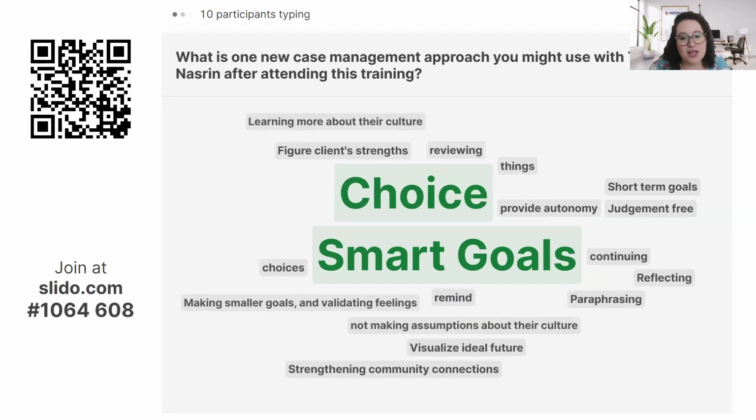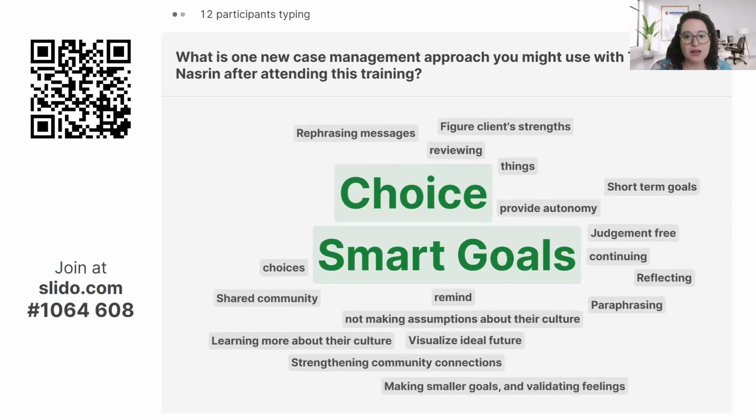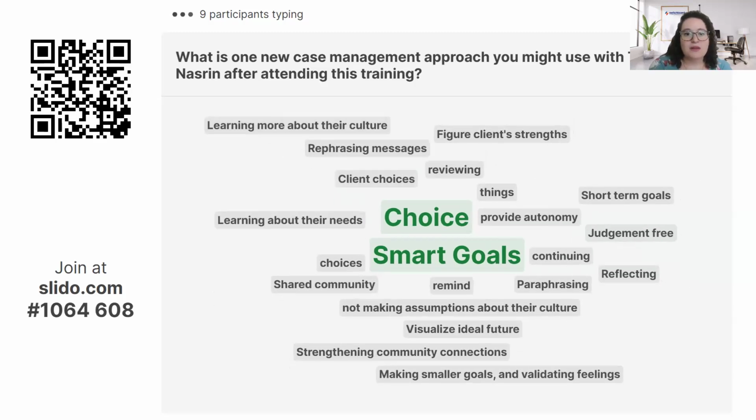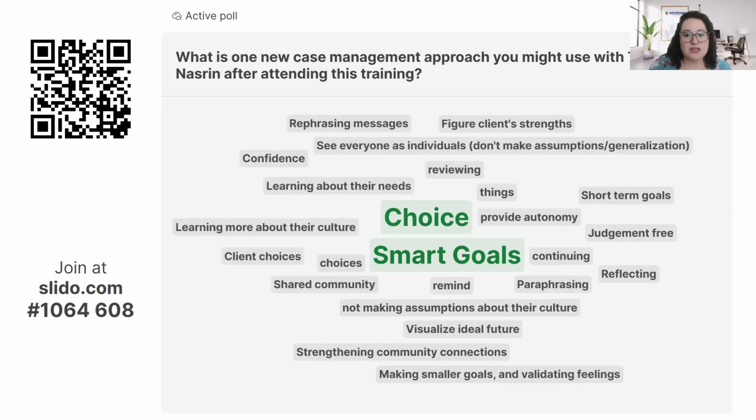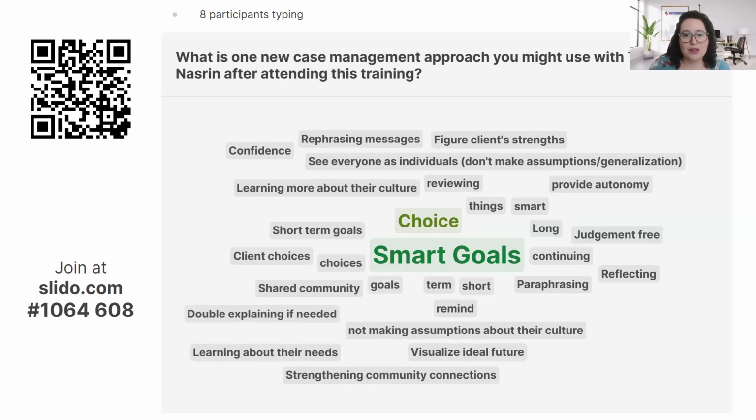Visualizing the ideal future, strengthening community connections, making smaller goals, and validating feelings, not making assumptions about their culture. Wonderful. Rephrasing messages, confidence, reflecting, client choices. Absolutely.